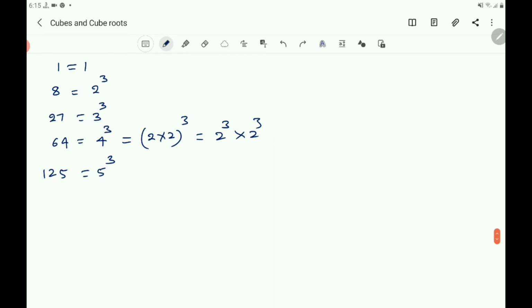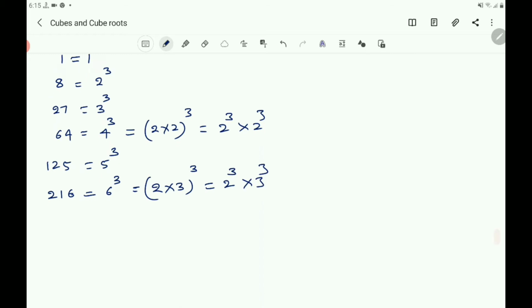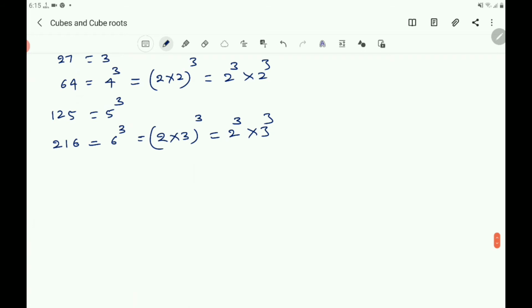Next you take 216. It is the cube of 6. And 6 is not a prime number, but 6 is a product of two prime numbers, 2 and 3. So 6 cube is nothing but 2 into 3 whole cube. Then it is 2 cube into 3 cube. And next you take 343, that is 7 cube. 7 is a prime number.